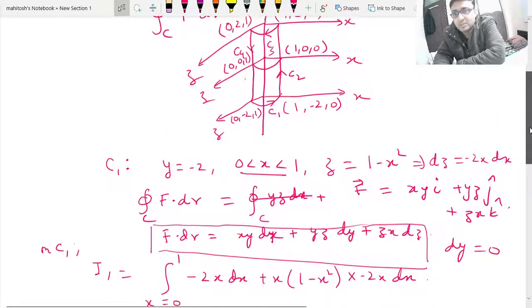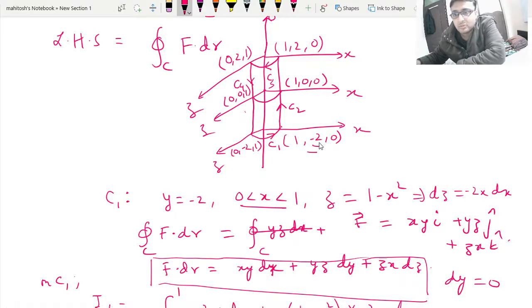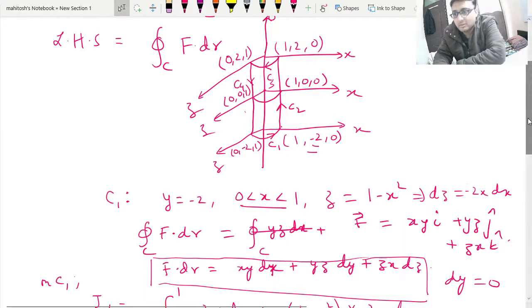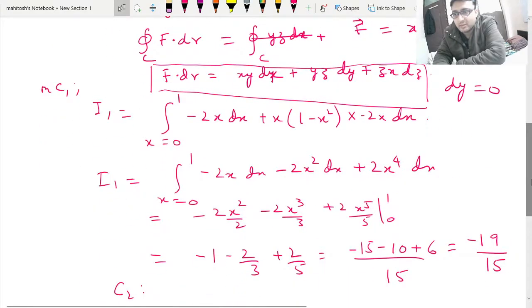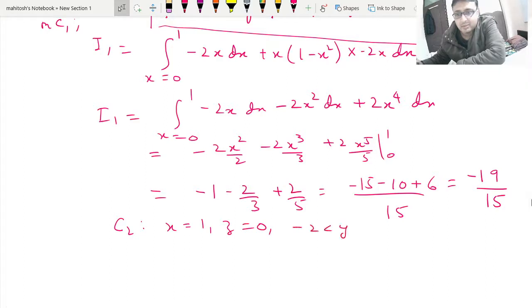On C2 we can see that y varies from minus 2 to 2, whereas z is 0 and x is 1. So we can write x is equal to 1, z is equal to 0, and y varies from minus 2 to 2.